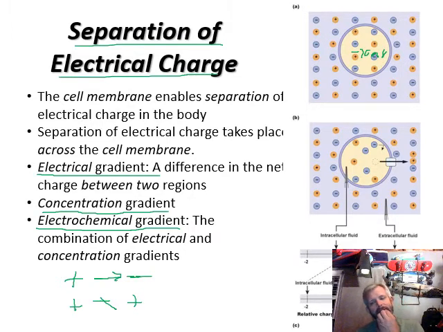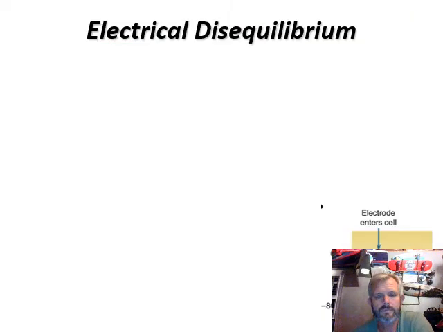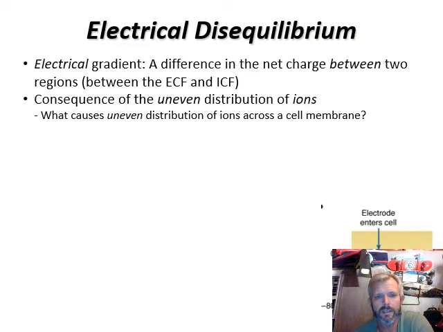So keep that in mind as we start talking about how the electrical gradient comes into play on the movement of ions. And just to keep in mind, again, there's an electrical gradient. There's a difference in charge between the ECF and the ICF.